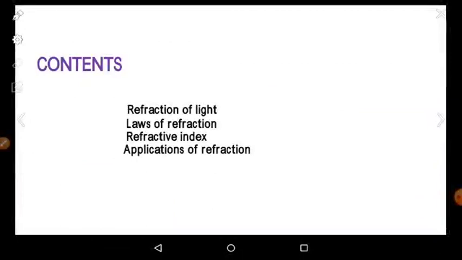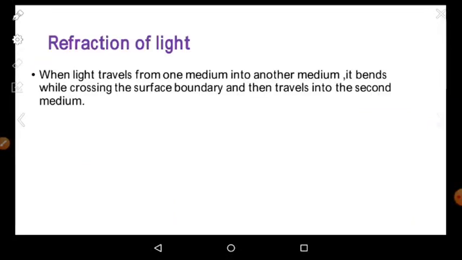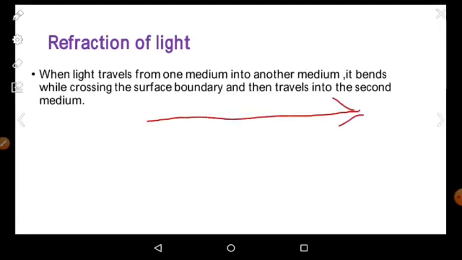So, what is refraction? Refraction is nothing but the change in the direction of path of light. We know that light is traveling along a straight line. The path of a light ray is a straight line, and we indicate the direction of light with an arrow mark.